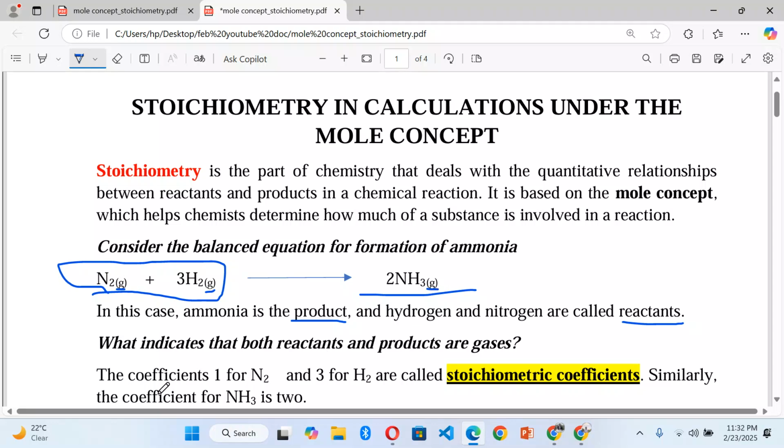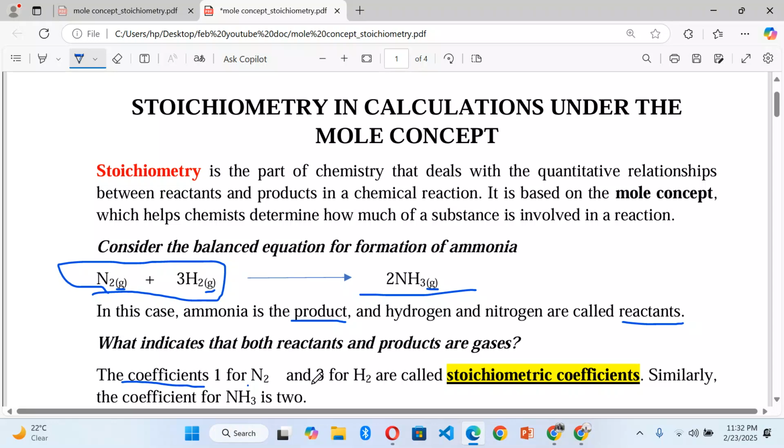Now we have these values that we call the coefficients. Here we have coefficient 1 for nitrogen. Its coefficient is 1, but we don't write 1 because it is silent. We may not be seeing 1, but 1 is always there. Then we have 3, the coefficient of hydrogen.